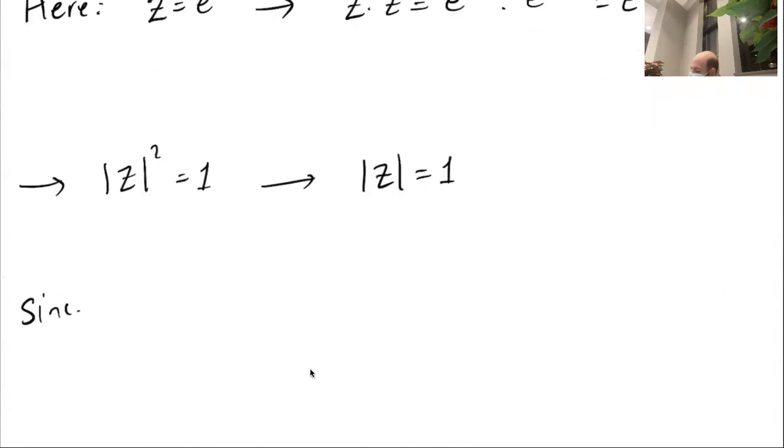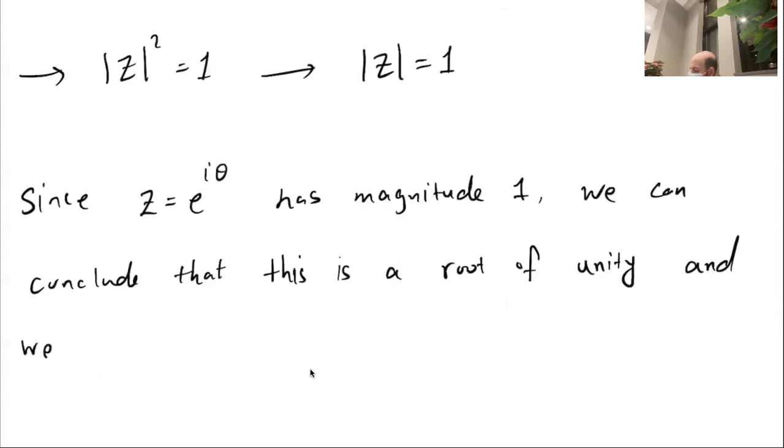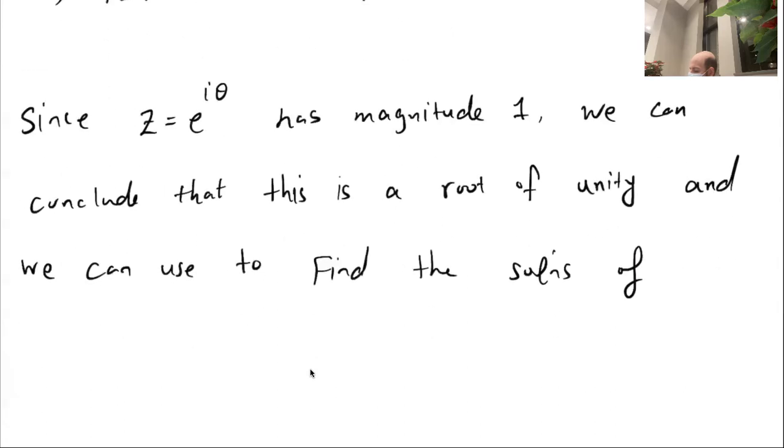So since z equals e to power i theta has magnitude 1, we can conclude that this is a root of unity and we can use it to find the solutions of the equation z to power n, or let's say x to power n, equals 1.